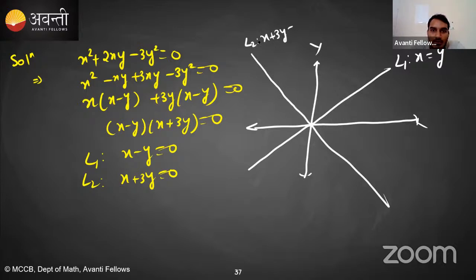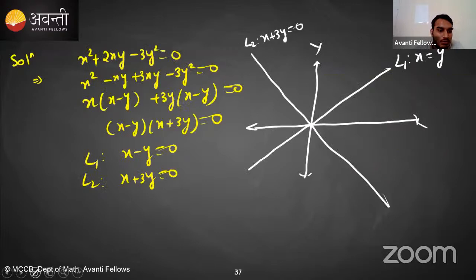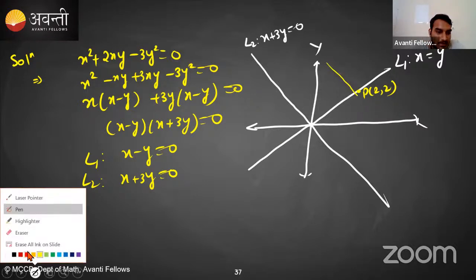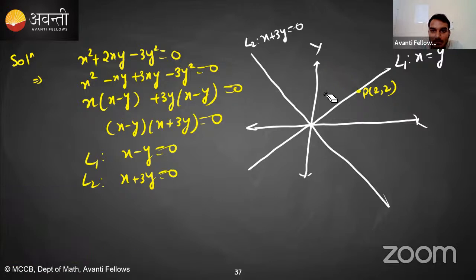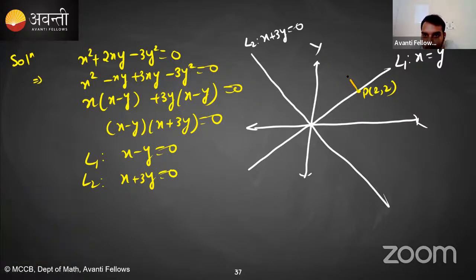Now the point we need is 2, 2. Clearly 2, 2 will lie on L1 only, right? This is the point P, 2, 2. So the perpendicular on this line is like this, right?